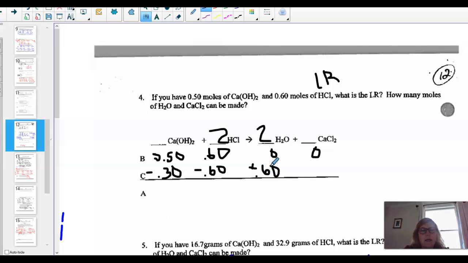And if I take 0.6, divide by 2, multiply by 1, that means I'm going to make plus 0.3 moles of calcium chloride.